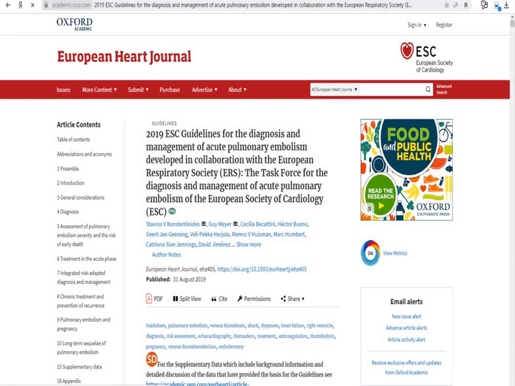Guidelines summarize and evaluate available evidence with the aim of assisting health professionals in proposing the best management strategies for an individual patient with a given condition.